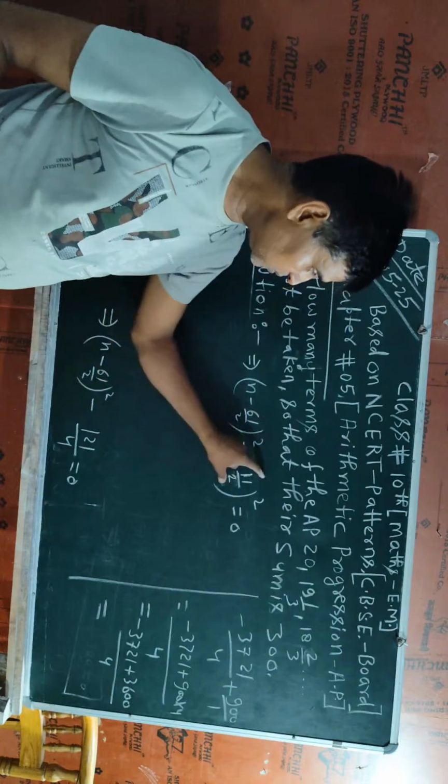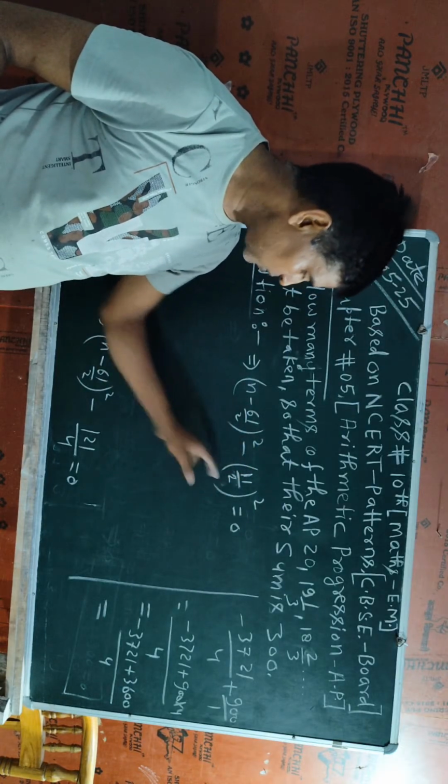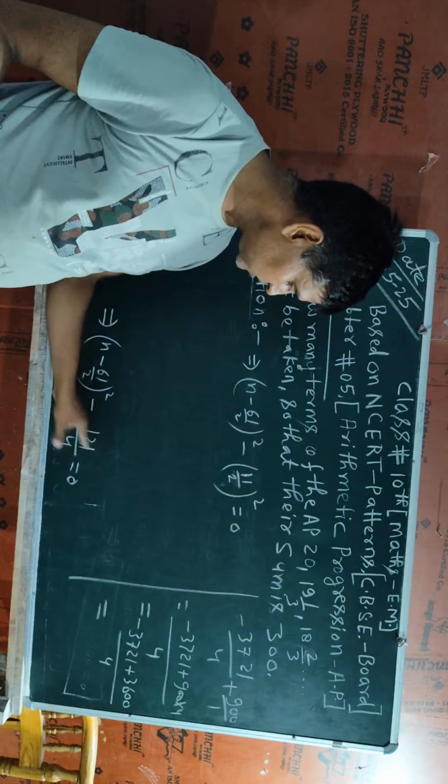So if I will take the square of 11 divided by 2, that will come 121 divided by 4.